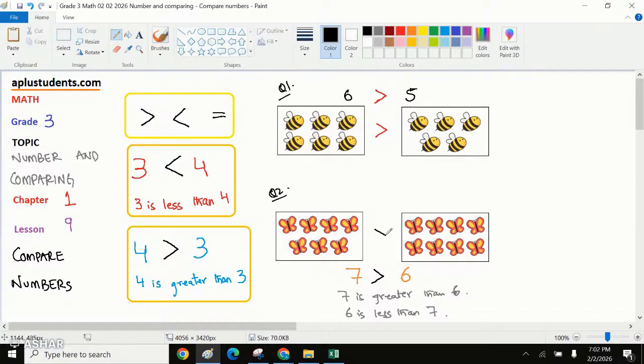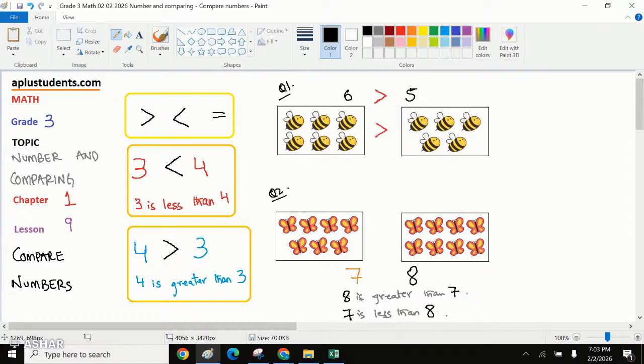The box on the left side has 7 butterflies. The box on the right side, no, this is 8. Sorry, these were 8, right? My bad, I did not count. So we can say 8 is greater than 7 or 7 is less than 8.